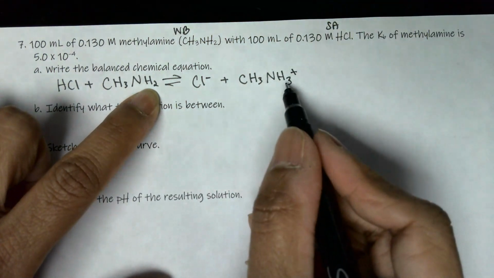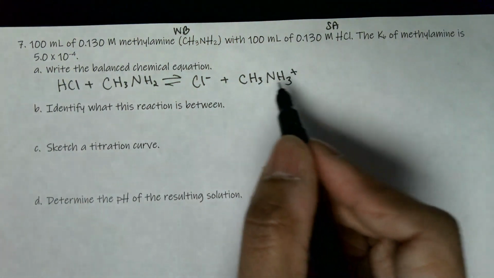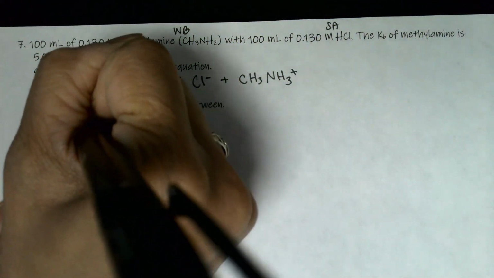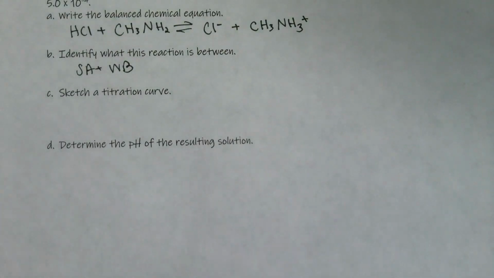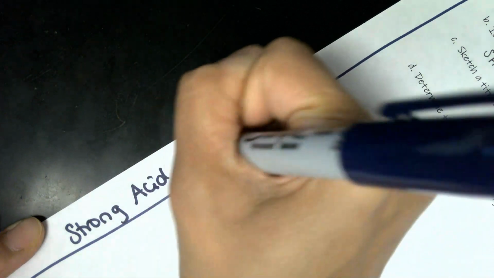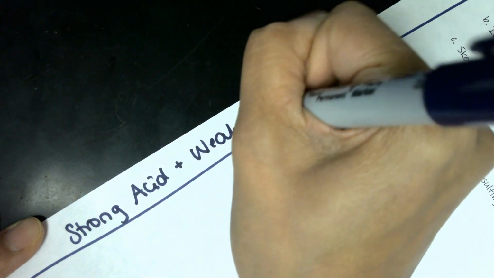I'm just showing that I had that extra H right there. So again, I have a strong acid and a weak base. I'm going to make sure that in my packet, I note that this is a strong acid and a weak base.